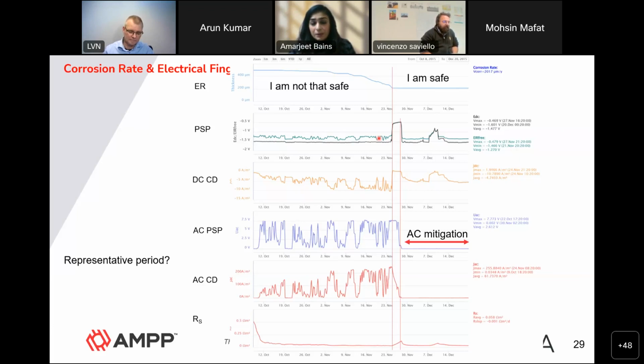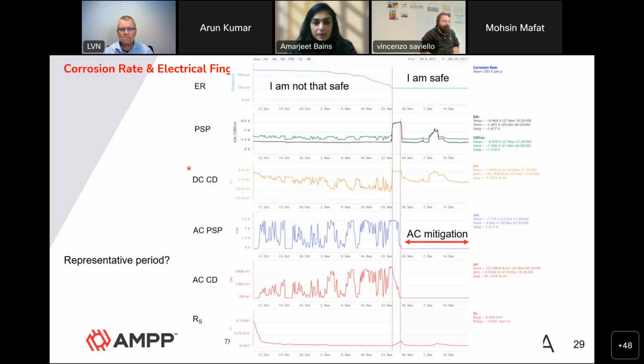So he says, I'm a bit confused about the graph in which you're comparing the corrosion rate of probe and the PSP values. So can we take this question, Lars? Can I have the question, please?